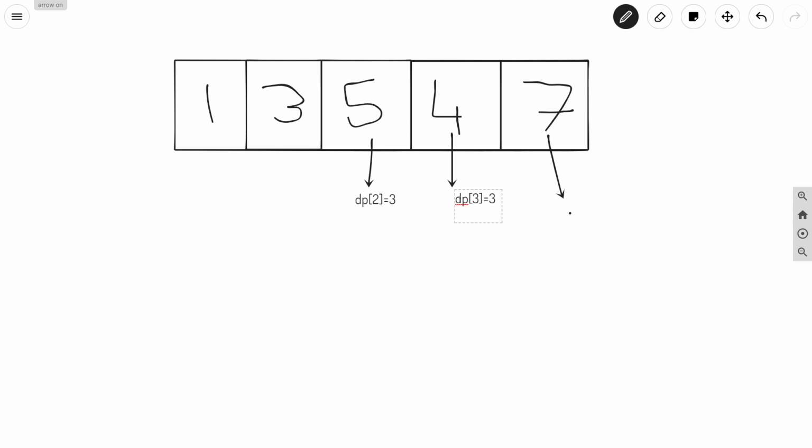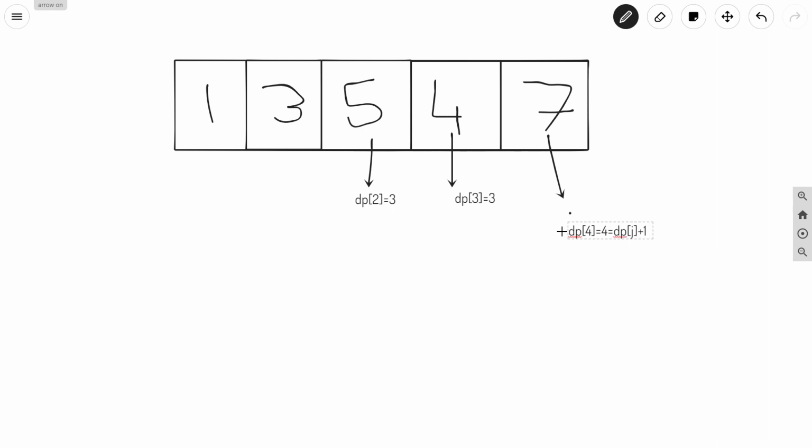So when we are here, dp of 4 will be nothing but, we can solve this part, and you can see that when we go over any index on the left side, dp of 4 will be 4, and it is nothing but dp of j plus 1. So I will write here, it is nothing but dp of j plus 1.